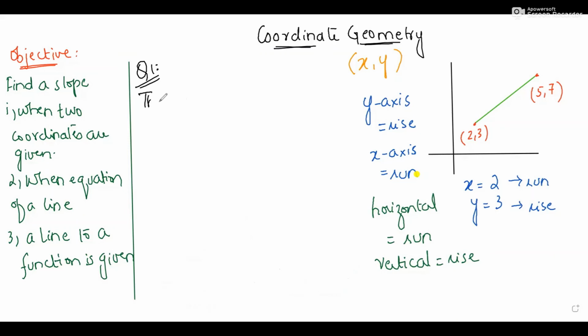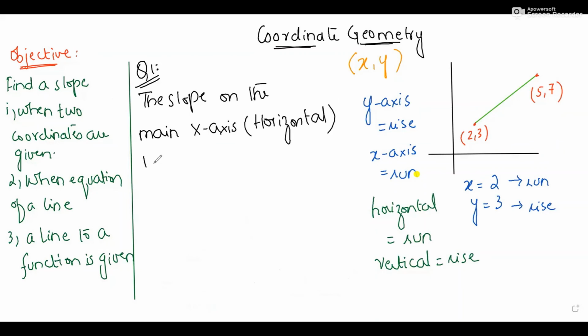The slope on the main x-axis, that is the horizontal line, is always 0.